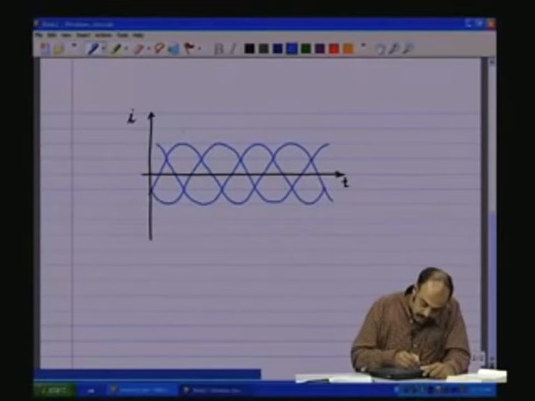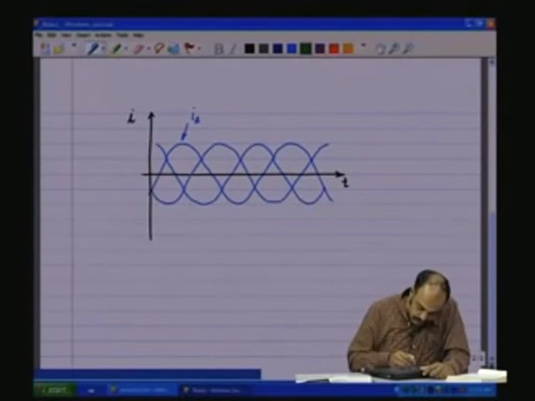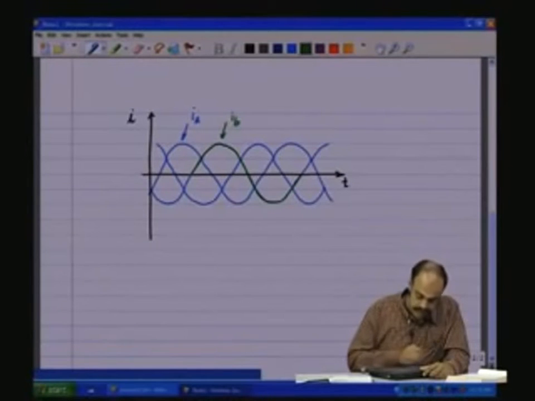Now, let me keep IA in blue. This is IA, and we can take the green color for IB, which is lagging IA by 120 degrees. You see that IB is lagging IA by 120 degrees.